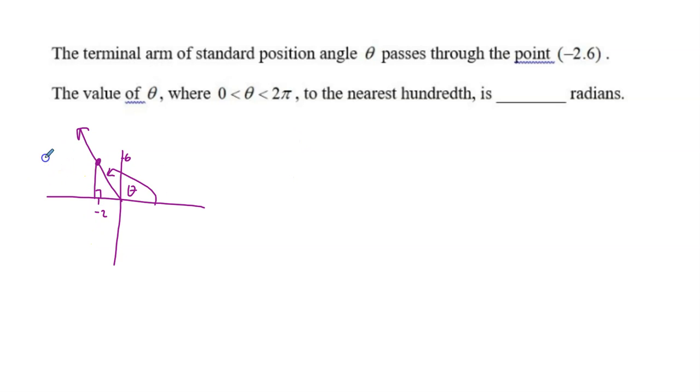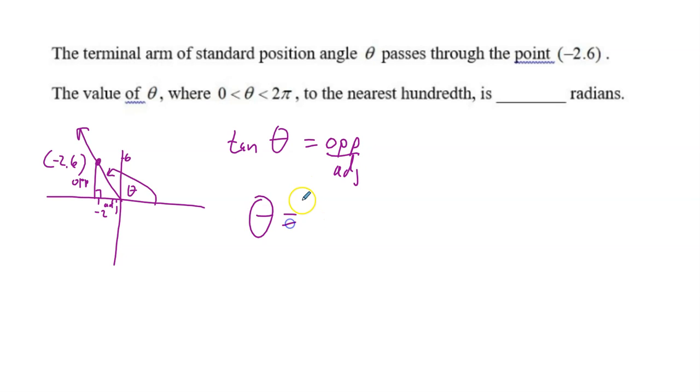So if this is the point negative 2, 6, then we know our x and our y. So this is opposite, and this is adjacent, and tan theta is opposite over adjacent.